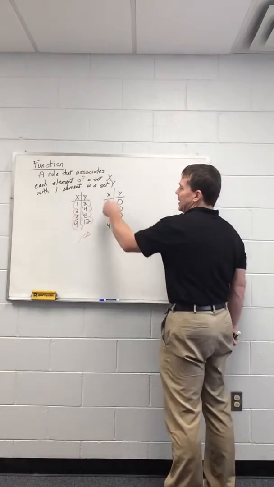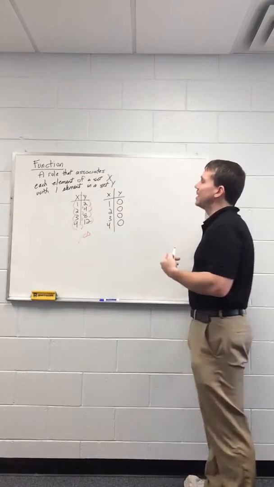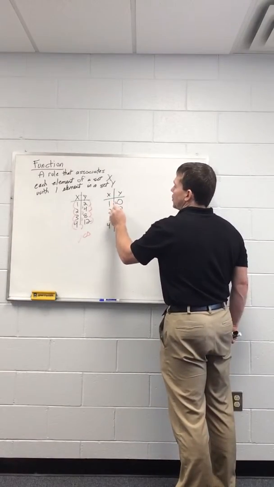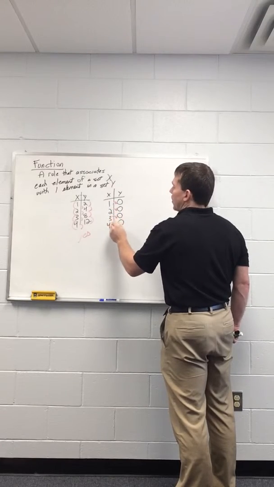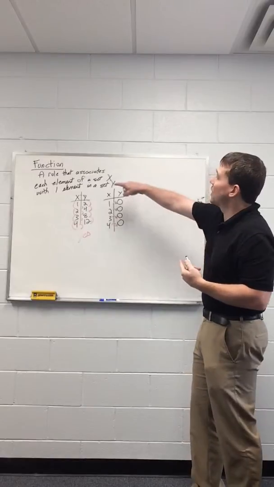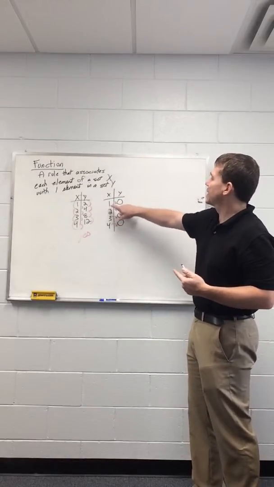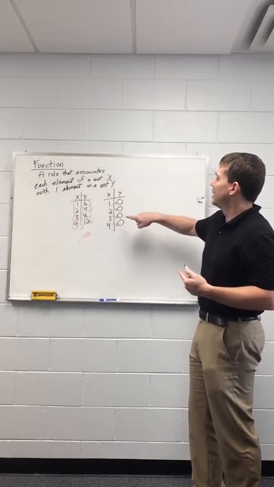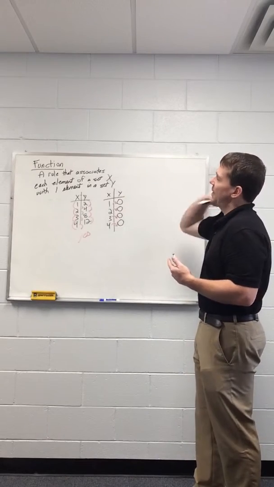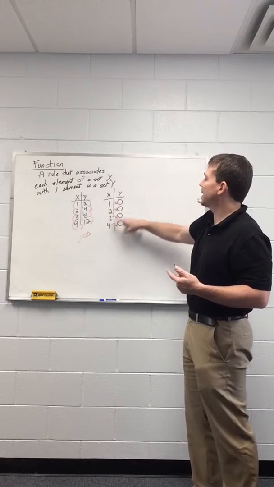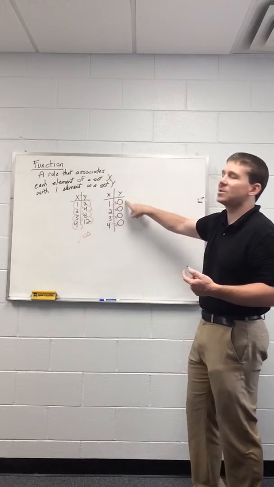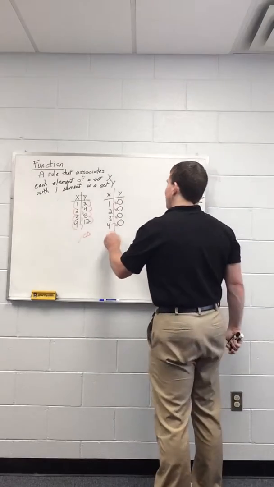It's a function if each element of X goes to one element in Y. And in this case, 1 goes to 0, 2 goes to 0, 3 goes to 0, 4 goes to 0. And according to the definition, each X goes to one Y, which makes that a function. From a definition perspective, it doesn't matter if all the X's go to the same Y, as long as each X only goes to one Y. So this is also a function.